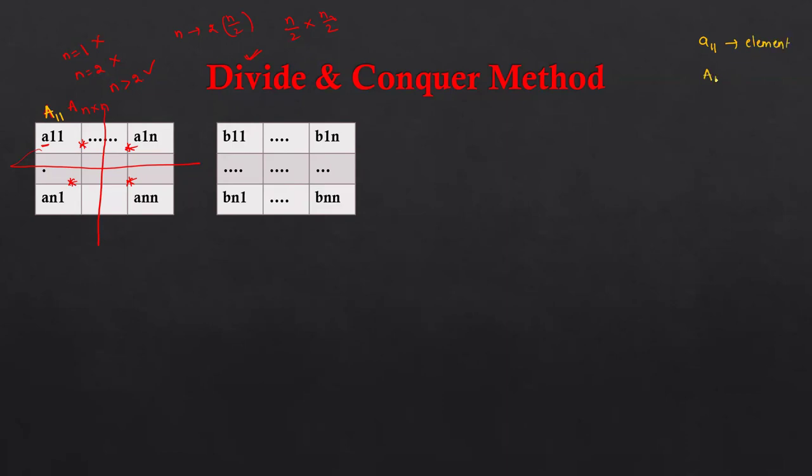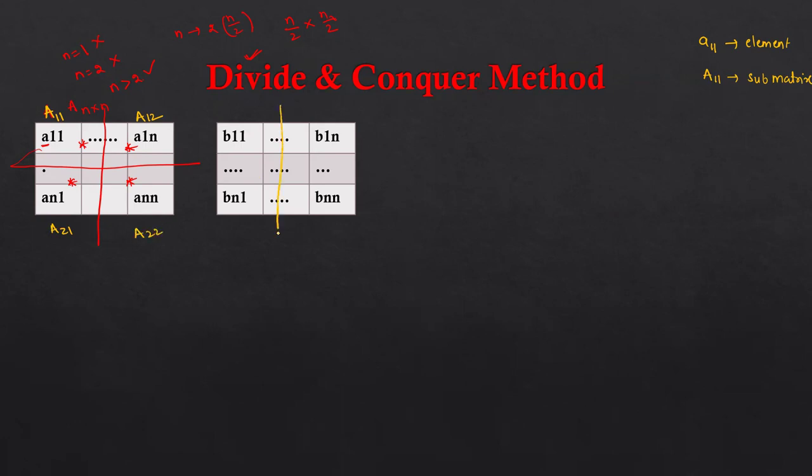When I write capital A11, it is nothing but a submatrix. This representation you should remember. So this is A11, this is A12, this is A21, this is A22.